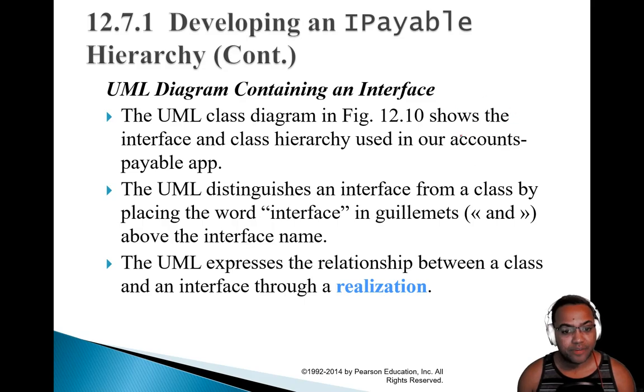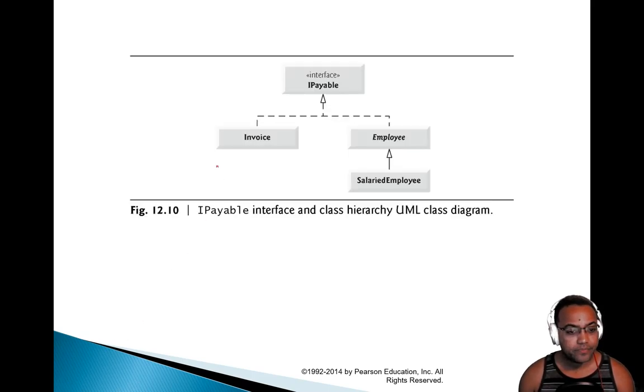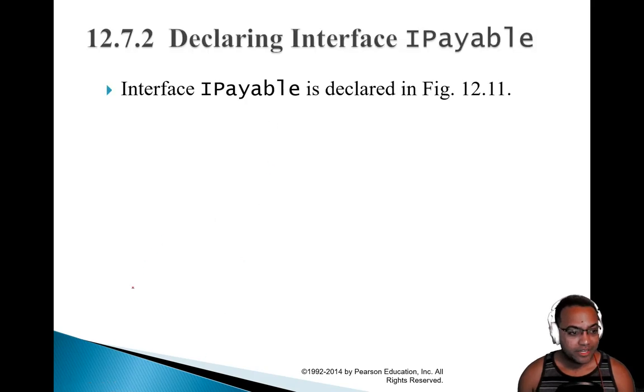Here's the UML diagram that shows the interface class hierarchy used in our accounts payable app. The UML distinguishes an interface from a class by placing the word interface in guillemets above the interface name. And there you go, interface. Treat the interface like an abstract class. And here's IPayable.